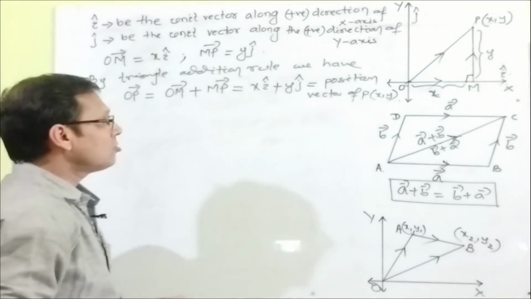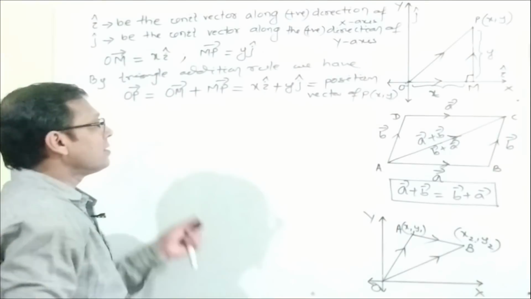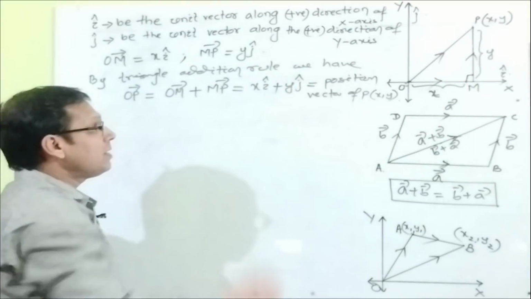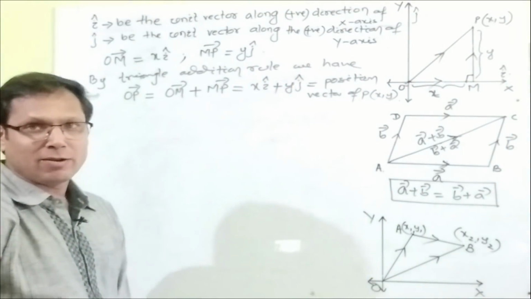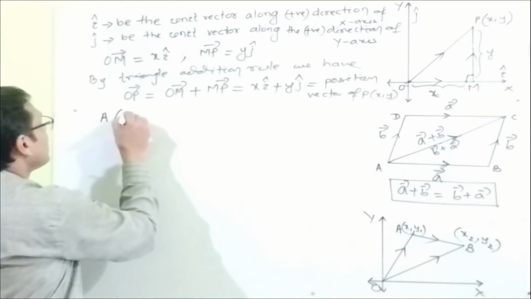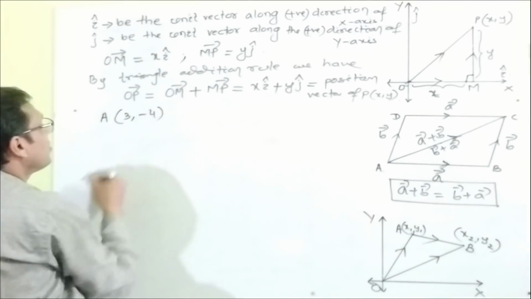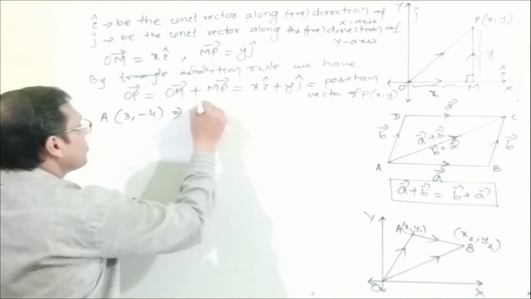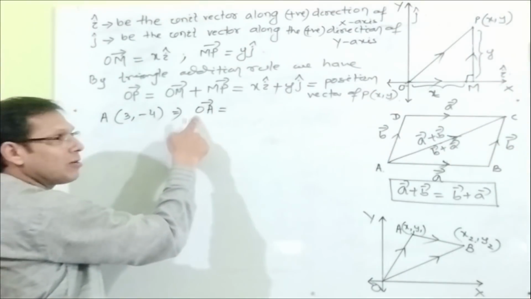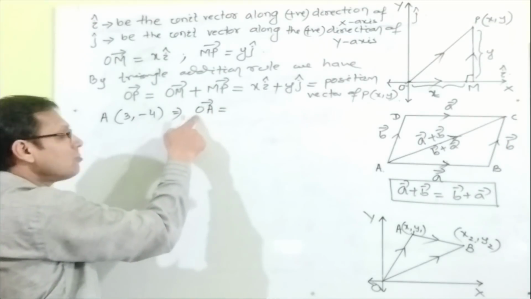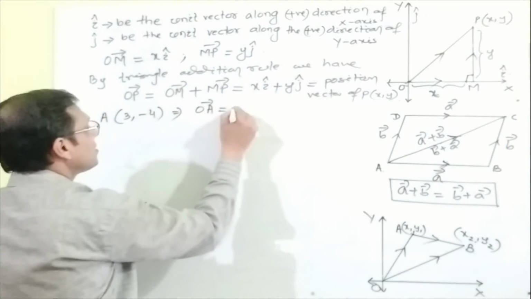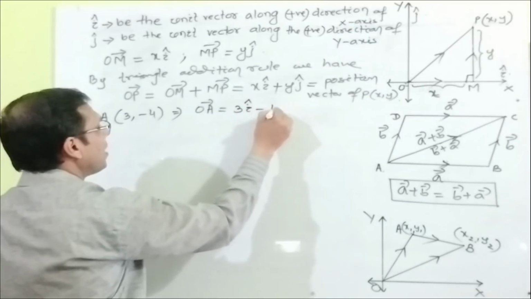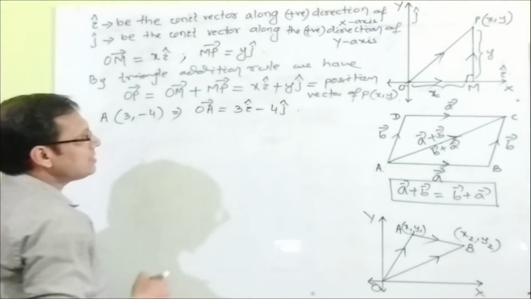In this way you can find the position vector of any point on the Cartesian plane or in space. Suppose A has the coordinates 3, minus 4. If you are asked the position vector of A, then you can find OA vector, the position vector of A referred to the origin O. That is 3 i cap minus 4 j cap.